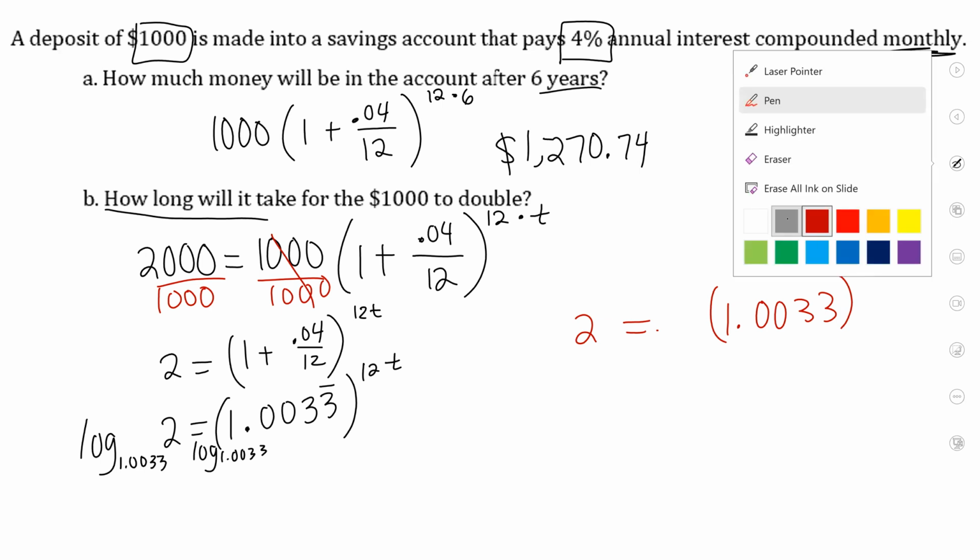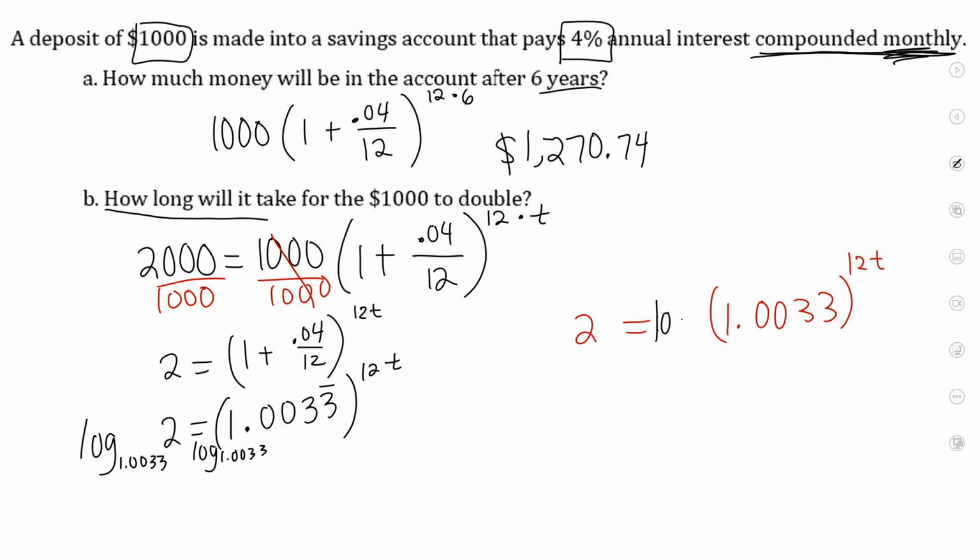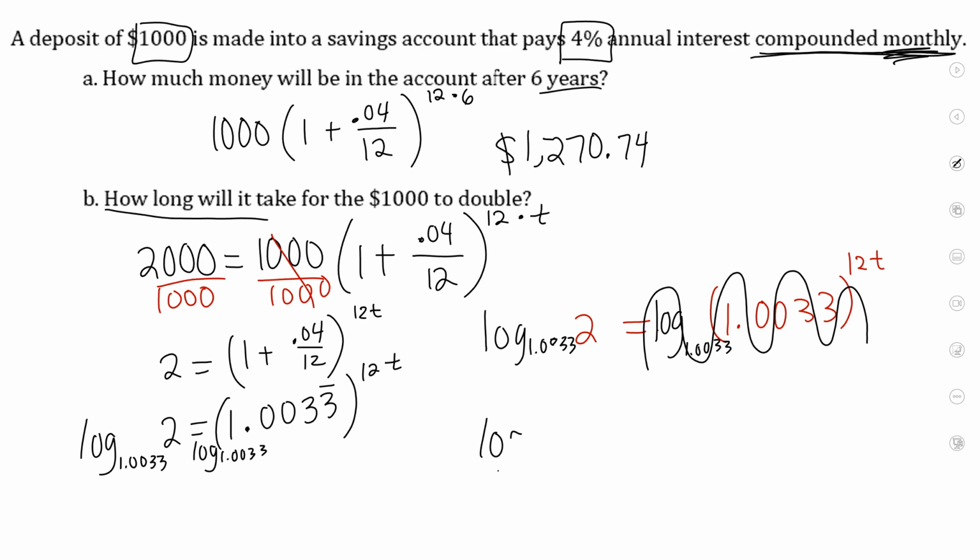And we took the log of both sides. So we took log of 1.0033. We took the log of both sides. Okay? This cancels out. We are left with log of our base 1.0033 of 2 equals 12t.